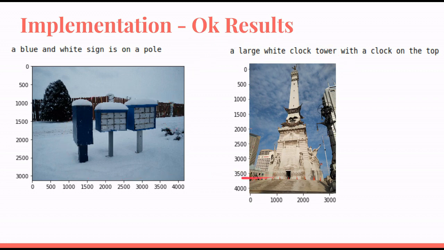When it comes to objects which are out of the ordinary, like a mailbox with snow on top of it or a war memorial, the model tries to predict it as something which it has already seen. Here it does not recognize it as a mailbox, but it gets the colors right, and here it seems to think it's a clock tower because this closely resembles a clock tower.